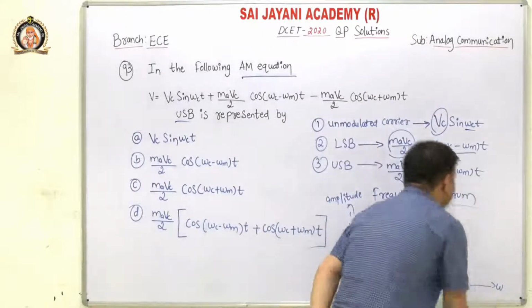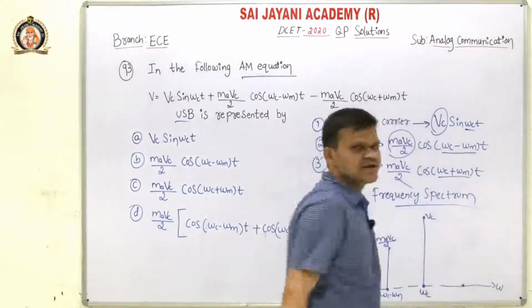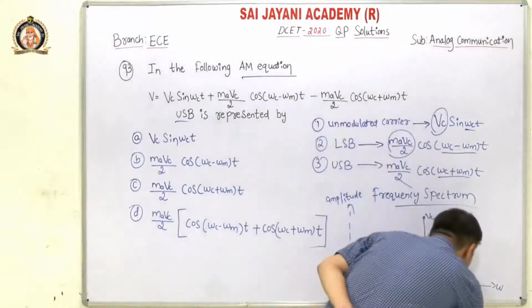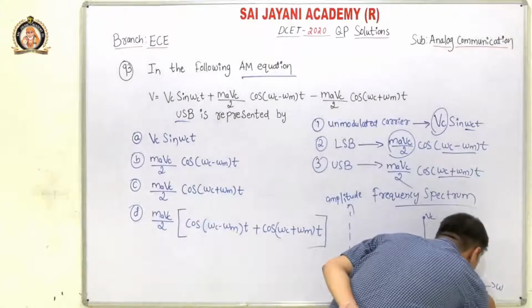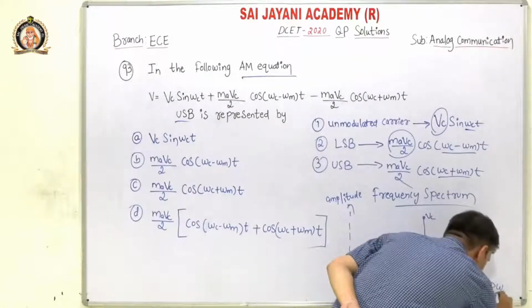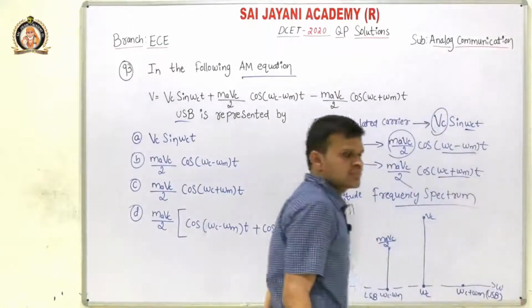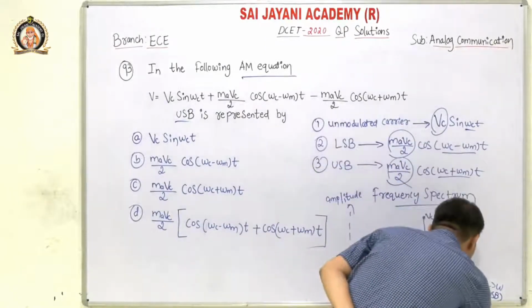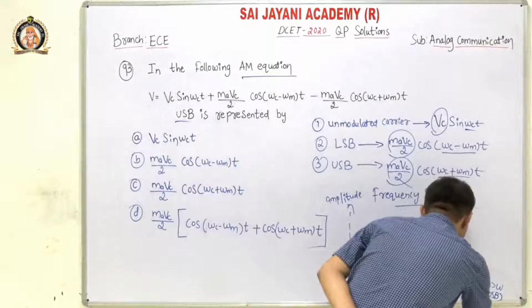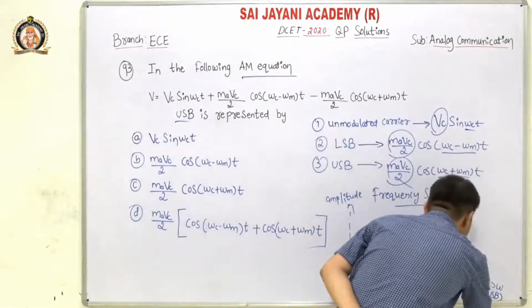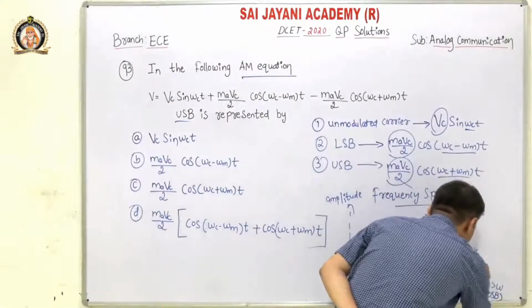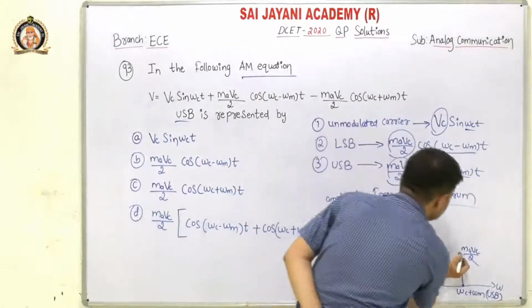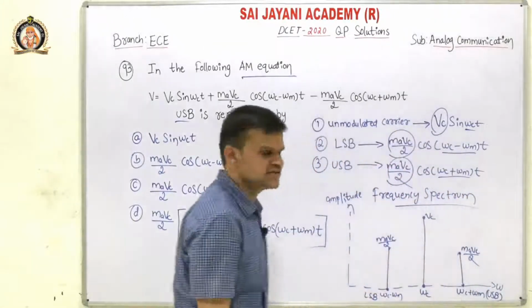Similarly, for USB, its frequency is omega C plus omega m, and the amplitude is MAVC divided by 2, which is the same as LSB. Here both the amplitudes are the same.